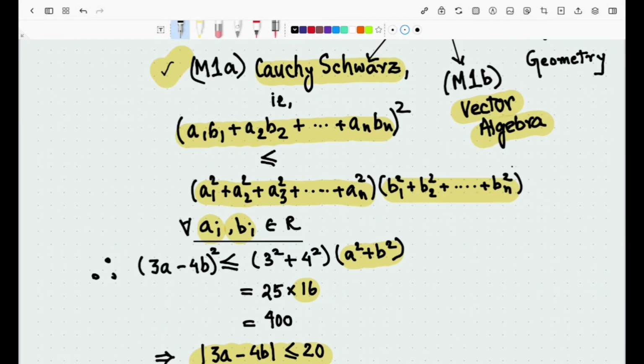It is nothing but the following: a1 b1 plus a2 b2 plus a3 b3 and so on up to an bn, whole squared, is always less than or equal to a1 squared plus a2 squared plus a3 squared and so on up to an squared, in a bracket, multiplied by b1 squared plus b2 squared and so on up to bn squared, also in a bracket.